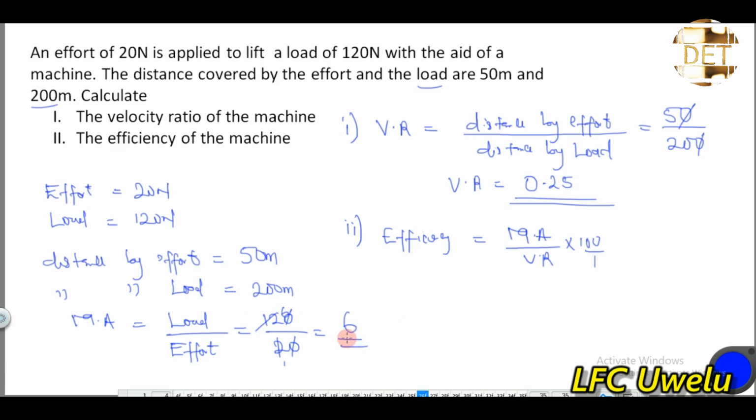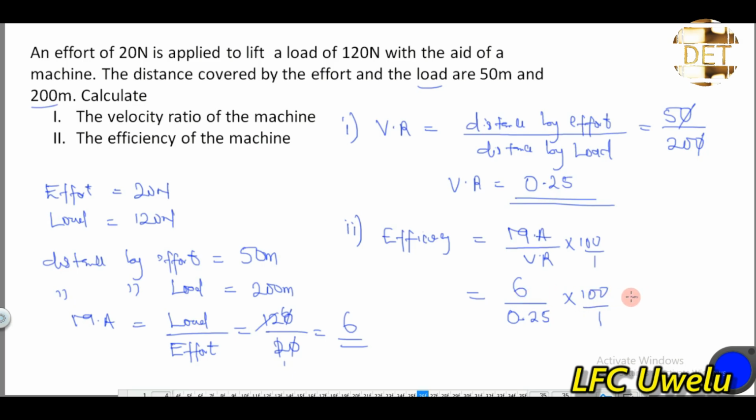So now I have my mechanical advantage, I have my velocity ratio, I can now look for the efficiency, right? So the efficiency of the machine will be equal to mechanical advantage over velocity ratio times 100 over 1. So the mechanical advantage is 6 over the velocity ratio, which is 0.25, times 100 over 1, right?